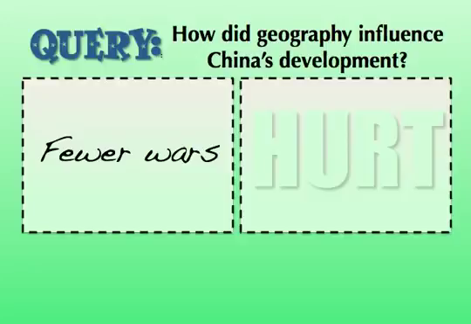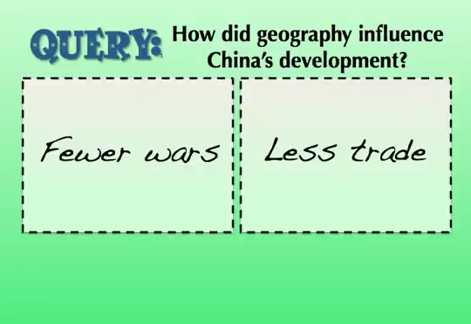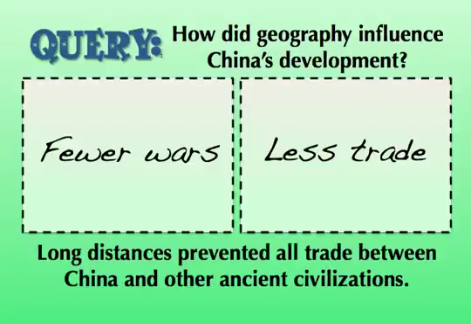But how do you suppose we might see some negative effects coming out of these natural barriers? Well, you probably said something along the lines of there would be less trade. If it's difficult for armies to come in and out, it's going to be difficult for merchants to come in and out. But let's pause here for a second because I want to make sure that we understand exactly what it is that we're discussing. Is it reasonable for us to say that long distances prevented all trade between China and other ancient civilizations?